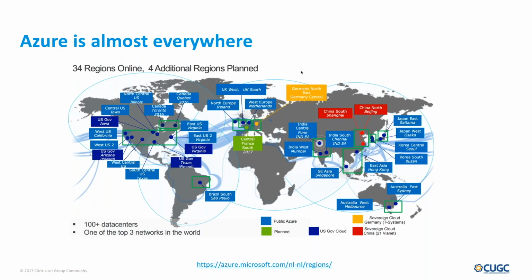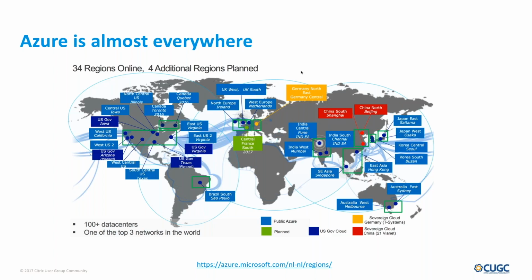There were only three regions active, reported in America, EMEA, Europe, and Asia. And look at where we are now. There are actually 34 regions online now, and 4 additional are planned at the moment for building up and expanding. And it's growing every day.